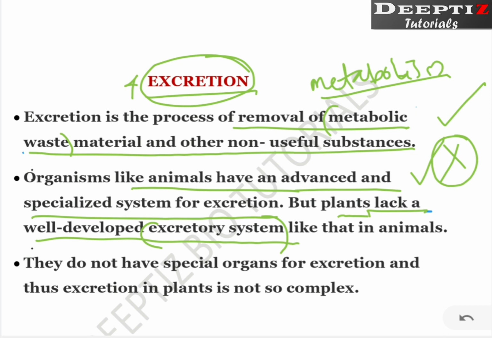System in the sense, like you might have heard about kidneys, right? We have a pair of kidneys, as you must know. These types of structures are absent in plants. So they do not have a well-defined system, but they excrete, though it is not so complex. In some simple way, plants also excrete.